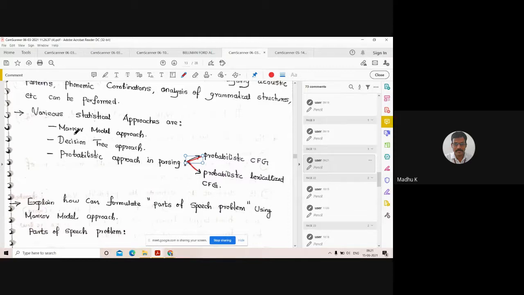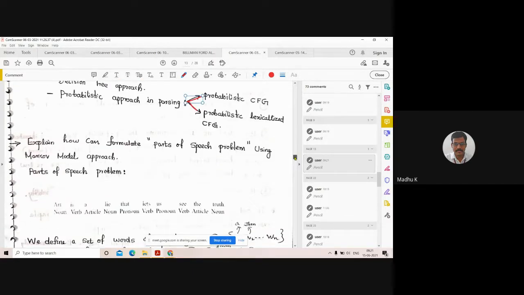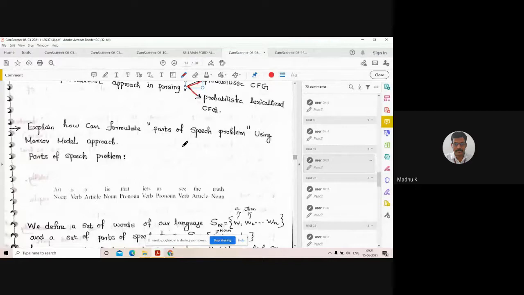So first is the Markov model approach. What is the Markov model approach? These are very important. You can note one question here: explain how we can formulate the part of speech problem using the Markov model approach.